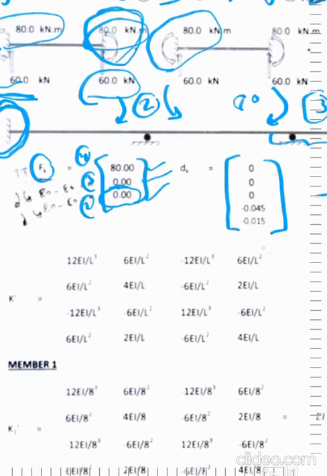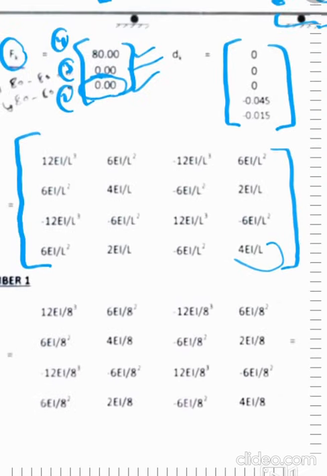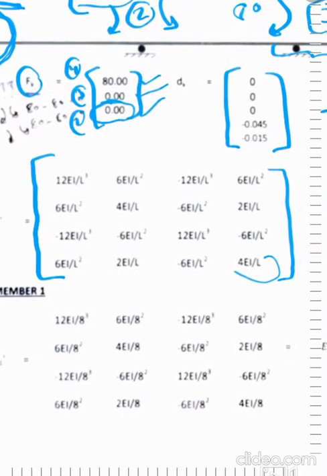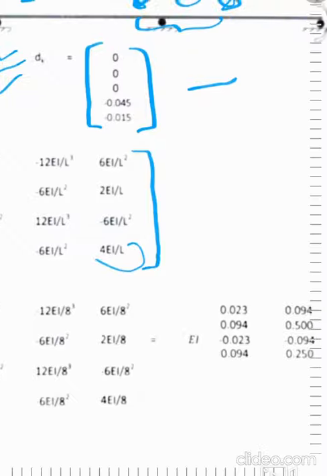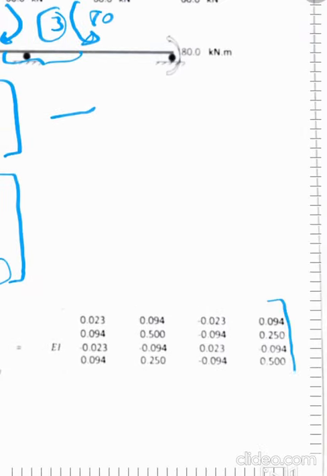This is the beam matrix. It's very easy. Just substitute the length of each member, and 12 EI, 6 EI, 4 EI is constant. This is the K1 of member number 1. Just substitute the length and we get this matrix of member number 1.